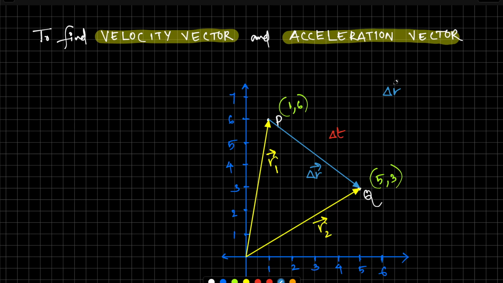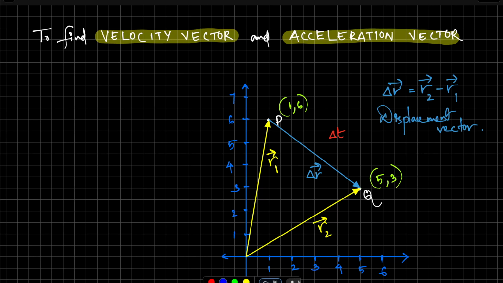Delta R equals final position minus initial position, R2 minus R1. And this is called displacement vector. Our object has moved from point P to point Q. And that vector, we call it displacement vector, delta R, R2 minus R1.